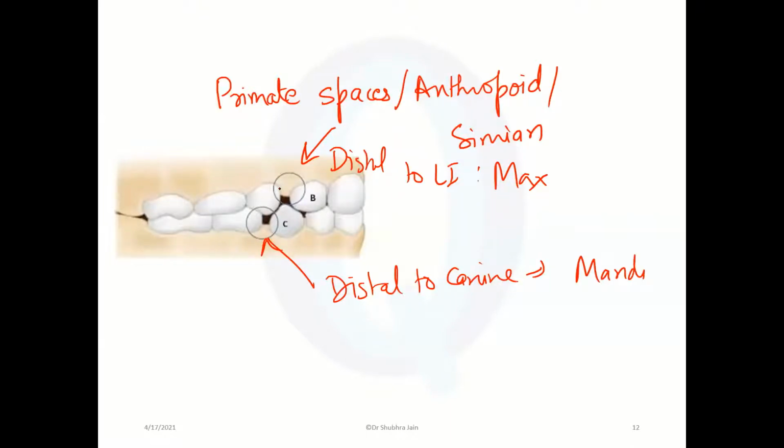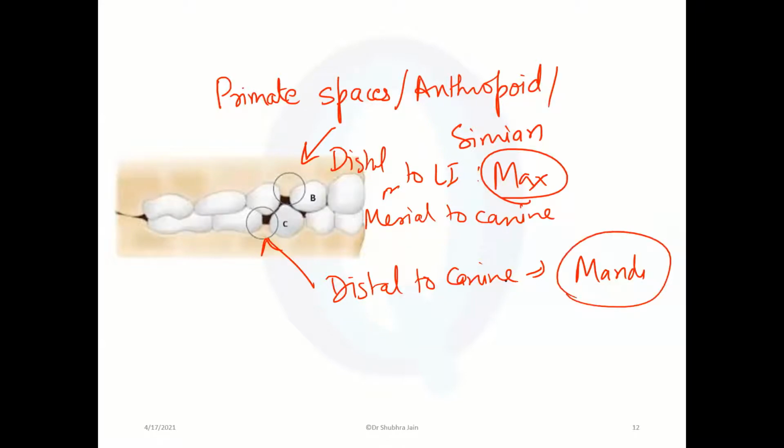Sometimes it is mesial to the canine in the maxillary arch and distal to the canine in the mandibular arch.